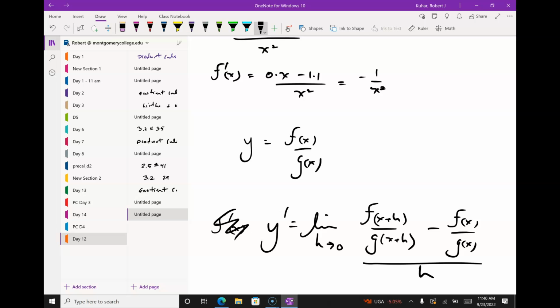So you can see a g squared there, especially when h goes to 0, g of x plus h becomes g of x again. So you can really see a g squared. Always over the denominator. Always over g squared.